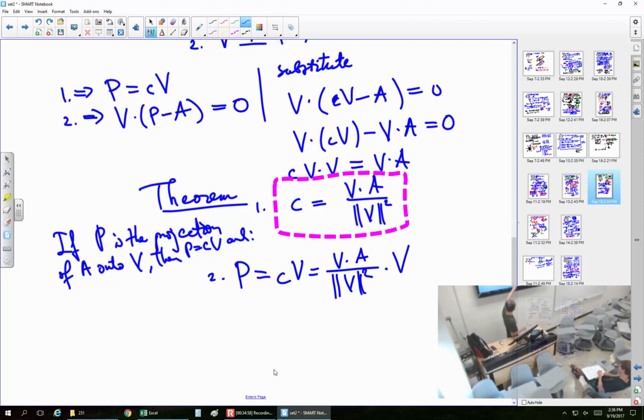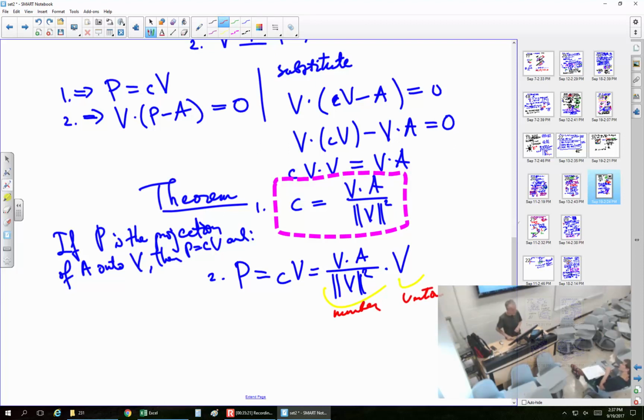Okay, this expression is certainly a bit challenging to parse because it has a lot of the operations we just defined in one place. So this is a vector. It is multiplied by a number. Once again, this is a vector, but this is a number.